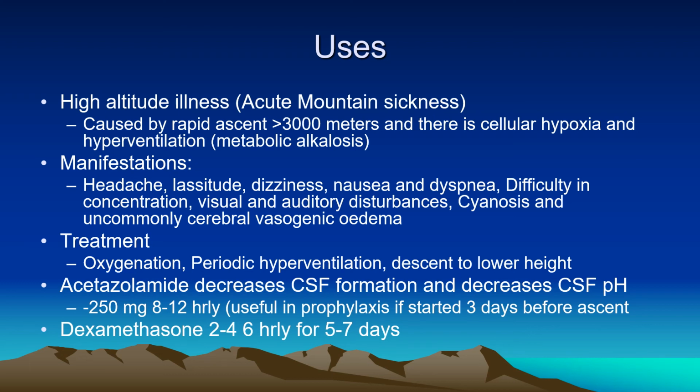However, use of a drug like acetazolamide decreases CSF formation and decreases CSF pH, and this may be very helpful. And this has been found to be useful in sickness per se and also for prophylaxis. And for prophylaxis, it should be taken 2 to 3 days before, as 250 milligrams 8 hourly.